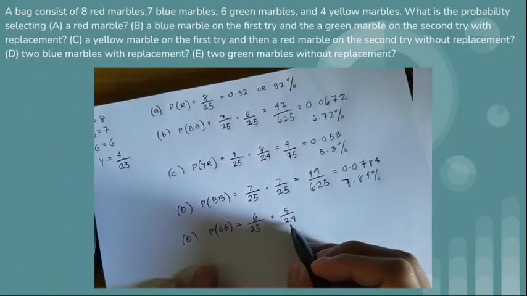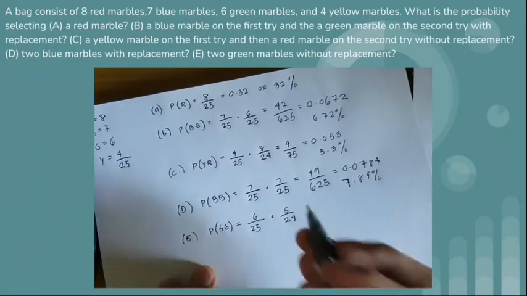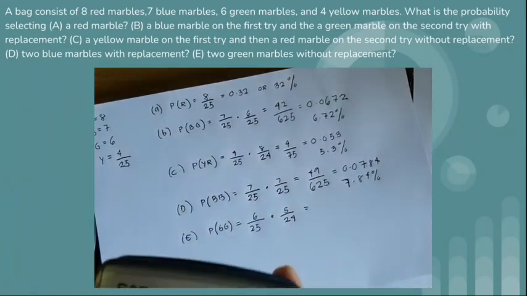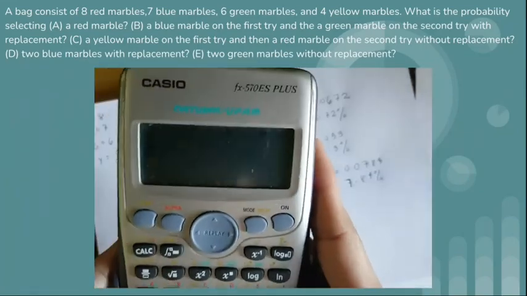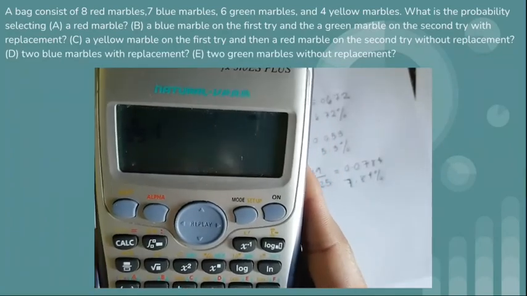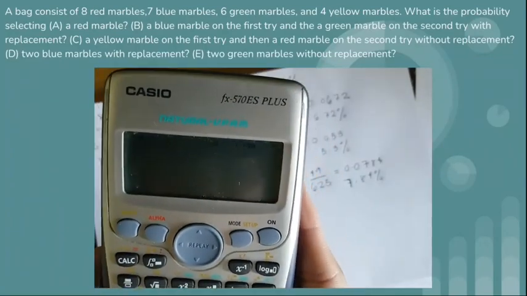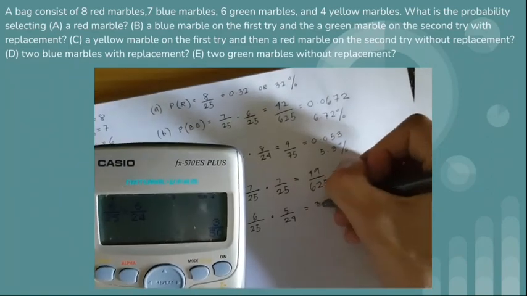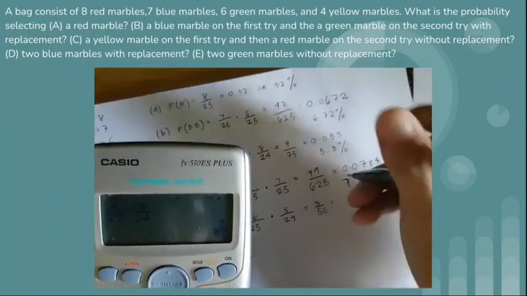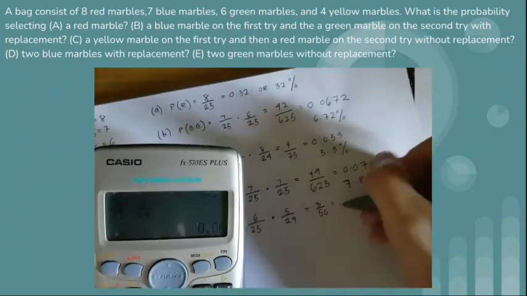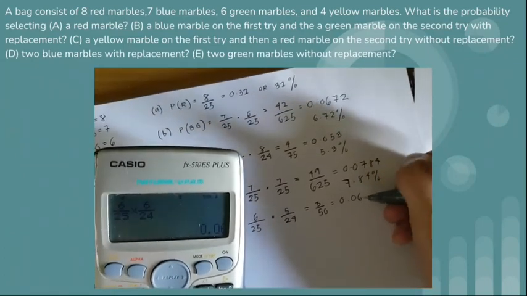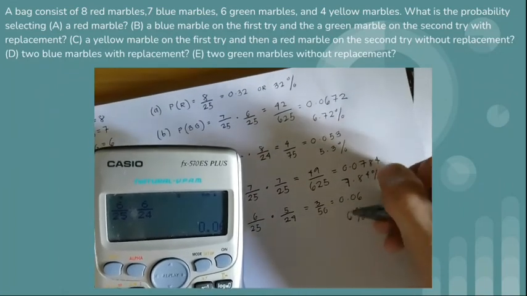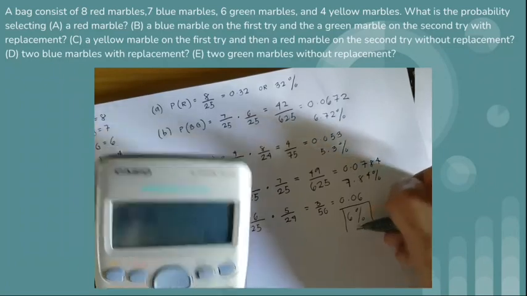So, bawas na siya since hindi natin ibinalik yung unang nabunot natin. So, it is equal to 6 over 25 times 5 over 24 equals sa 3 over 50. In decimal, 0.06 or 6%. That is our answer.